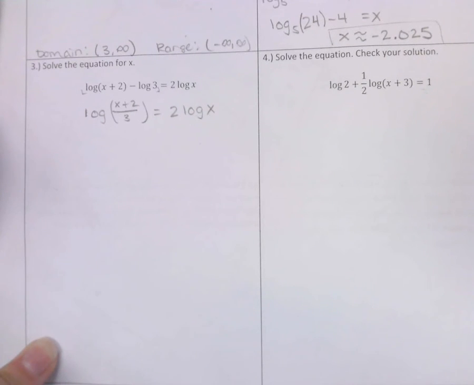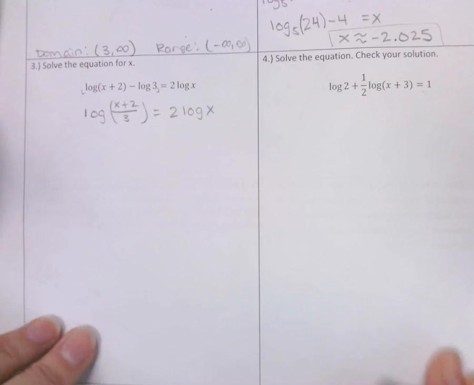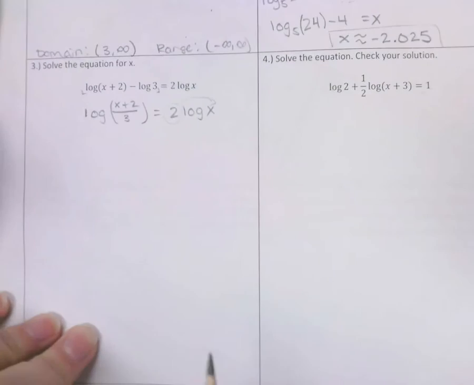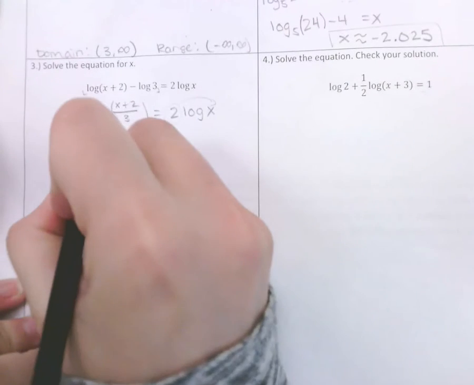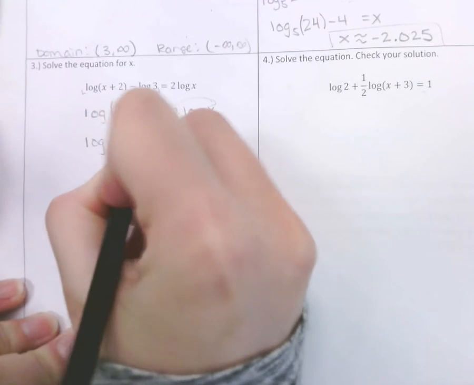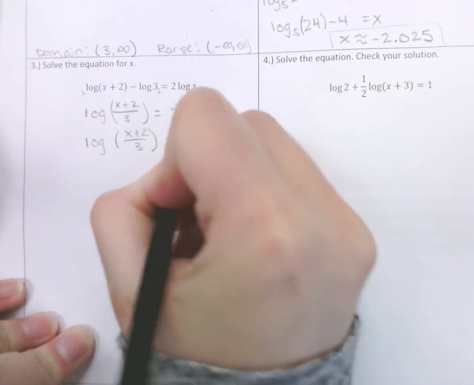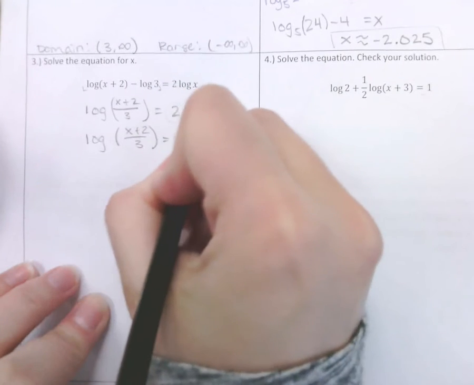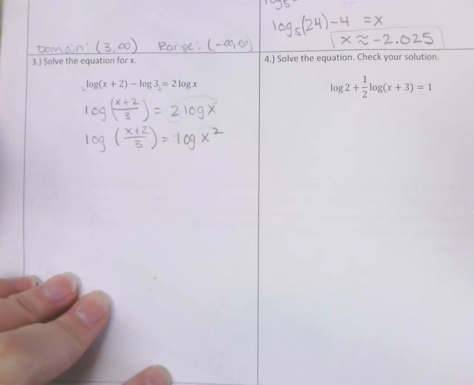And we're doing that because it says minus. If it says plus, then we multiply. We're also going to take this 2 and move it back so that it becomes an exponent of x. That's your power property of logarithms. Voila.